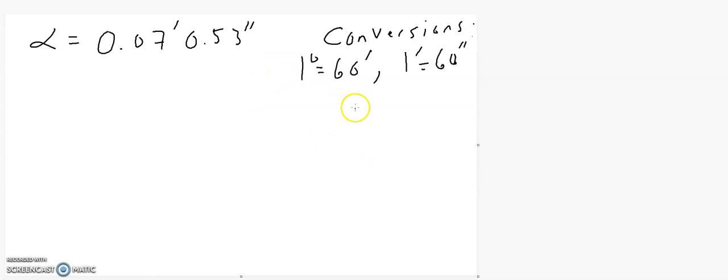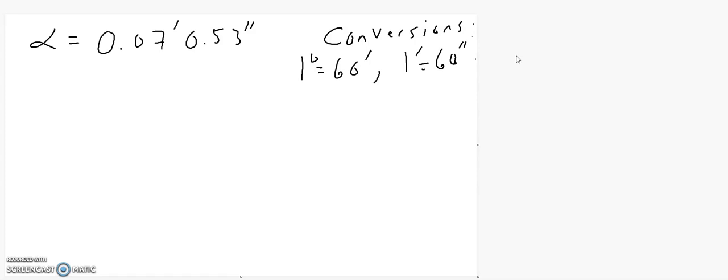Because 1 degree is 60 arc minutes, and then 1 arc minute is 60 arc seconds. The 1 hash mark means arc minutes, 2 hash marks means arc seconds. Okay, please get used to that. We use that all the time in astronomy.